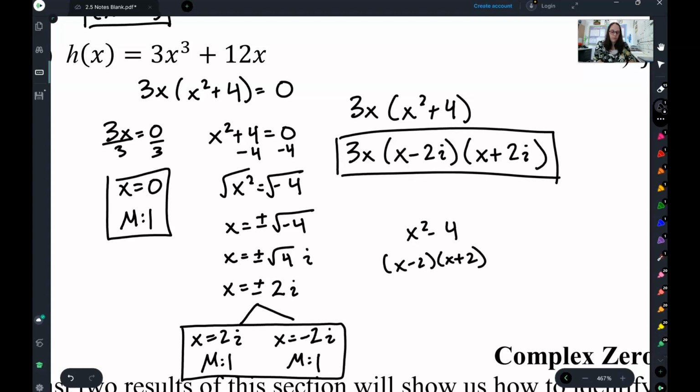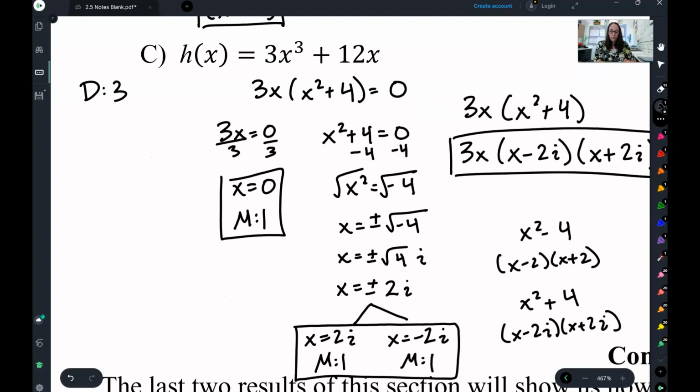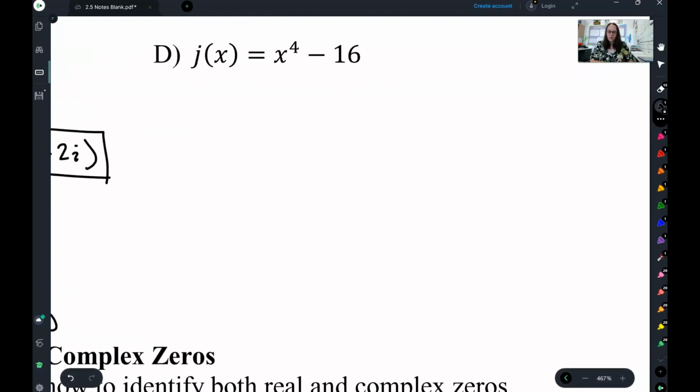Square root of 4 is 2. The sum of squares, x squared plus 4, would factor as (x minus 2i)(x plus 2i). Those are the two different versions we've got. If it's plus, it's imaginary. If it's minus, it's just difference of squares. So, point we were trying to make though, degree 3, still have 3 answers. So far, so good. Let's move on to our last one.